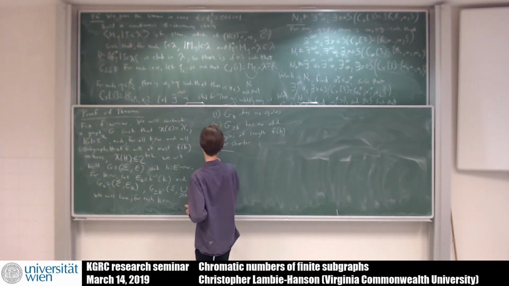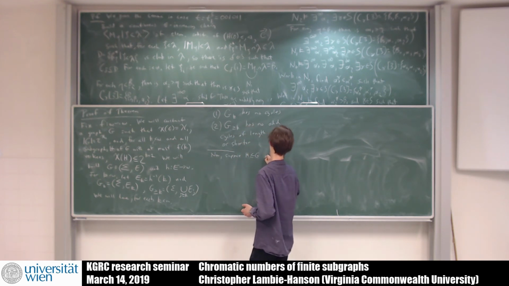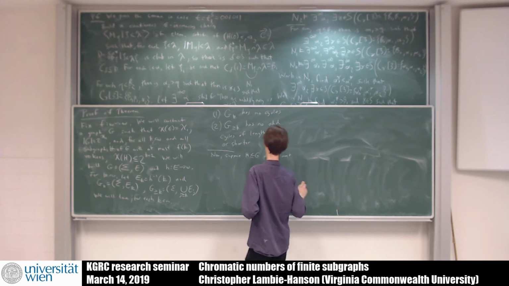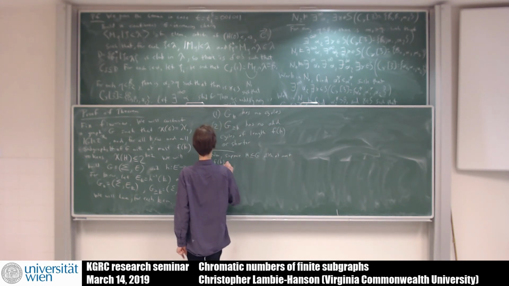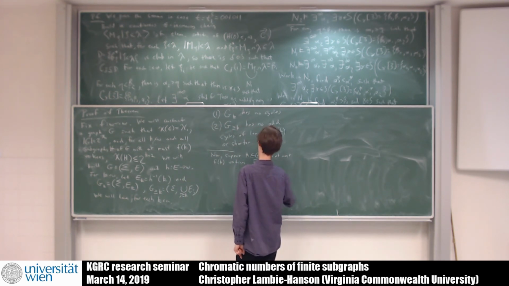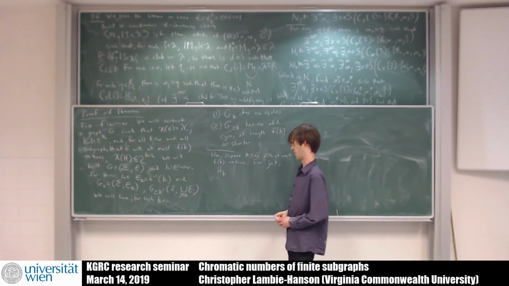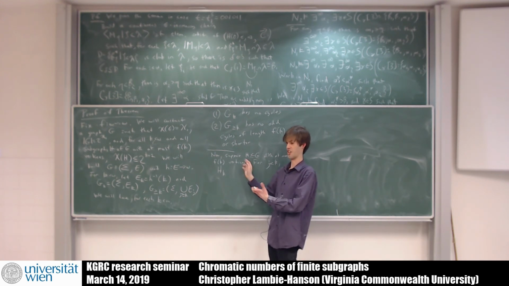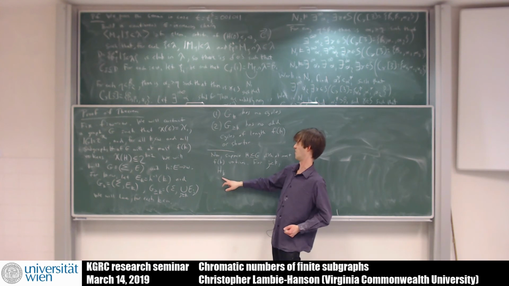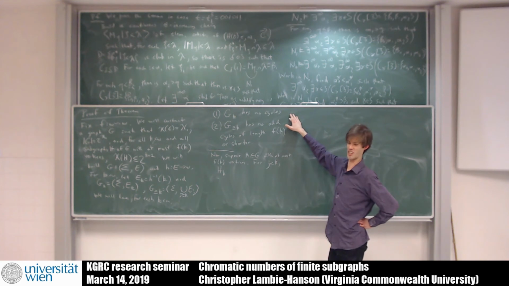So once we've done this, now suppose H is a subgraph of G with at most f of k vertices. For j less than k, H_j, which is the vertices of H together with the edges there that are labeled j, is H intersect G_j, and has no cycles, so it's bipartite and has chromatic number at most 2.